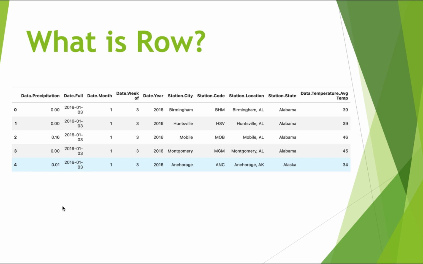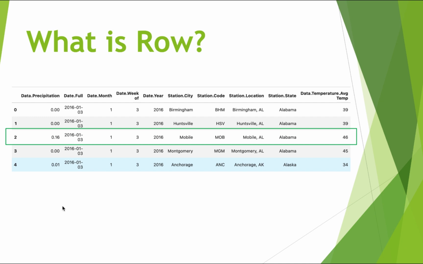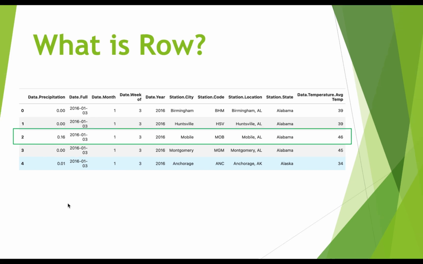In a Pandas data frame, a row represents a single observation or record in the dataset. Each row typically corresponds to a specific entity such as a sample, an individual, or an event depending on the context of the dataset. Rows are organized in a tabular format with each row containing values for the various columns of the data frame. For example, this is a data frame that contains weather data.